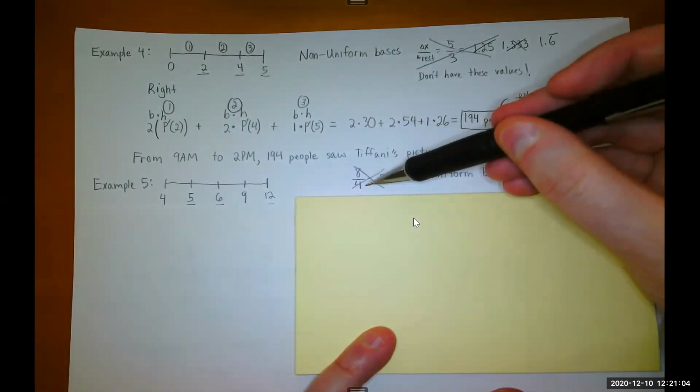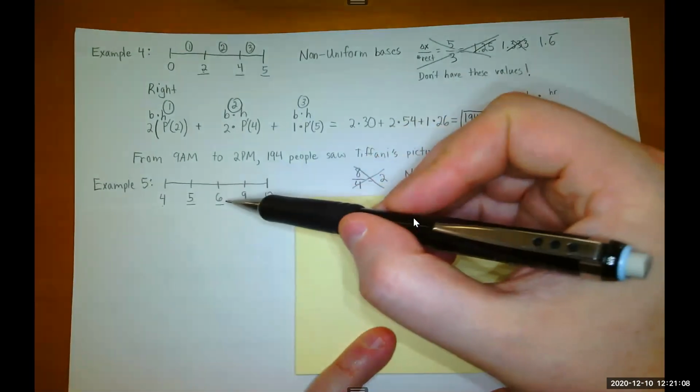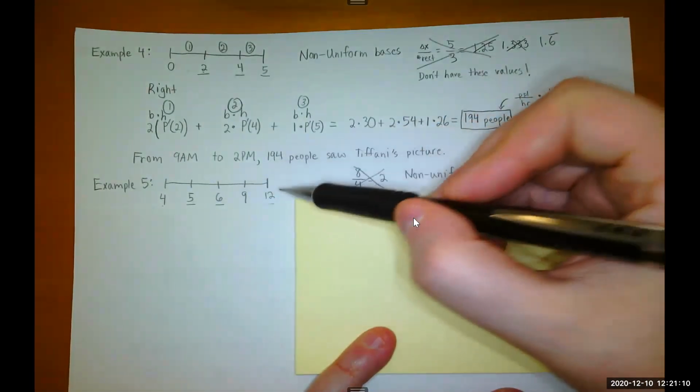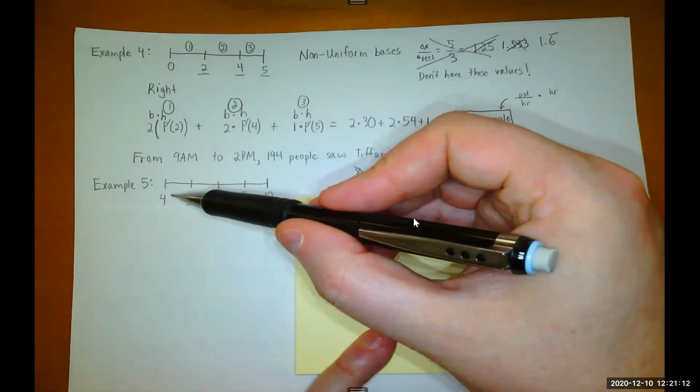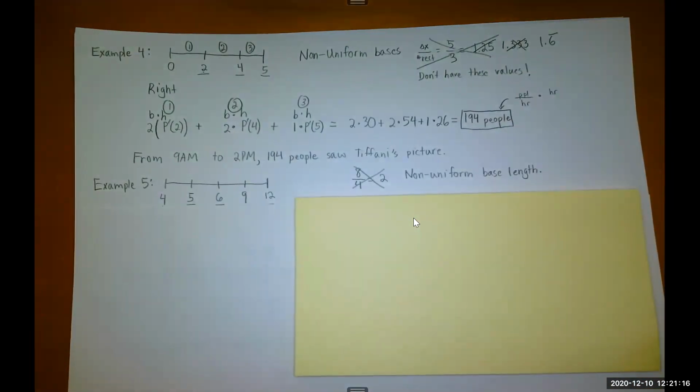If I divide that into 4 equal pieces, that's 2. So I'd go from 4 to 6, 6 to 8, 8 to 10, 10 to 12. The table, however, only gives us values at 4, 5, 6, 9, and 12. That means it's impossible to figure out what's happening at 8 and 10. Impossible. So I'm restricted then to the information that I have.